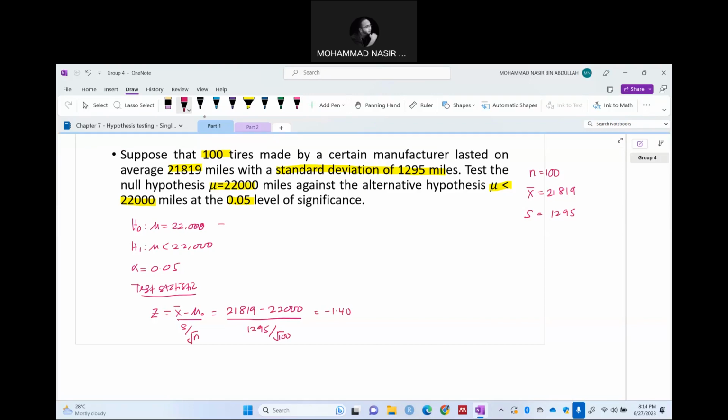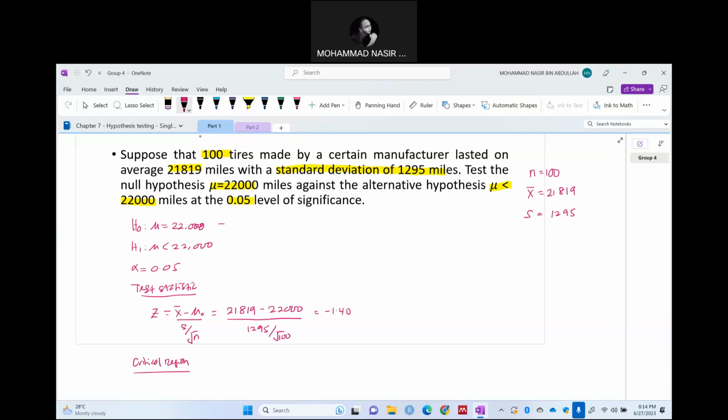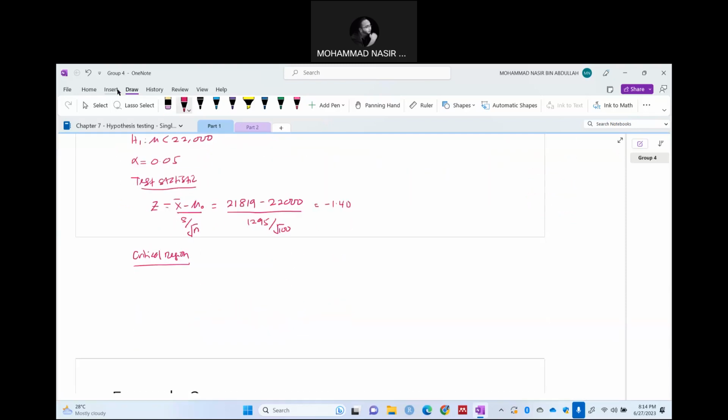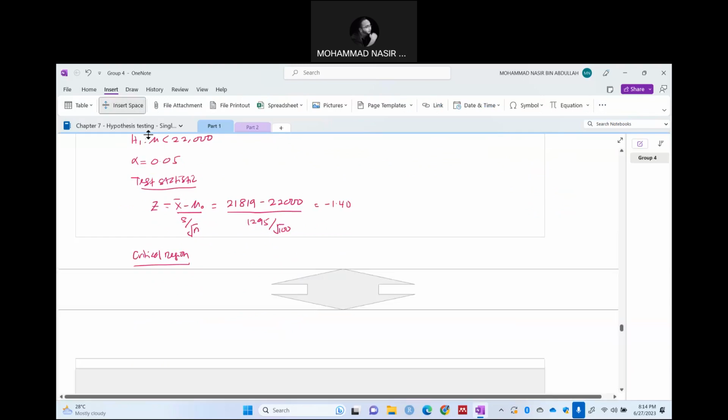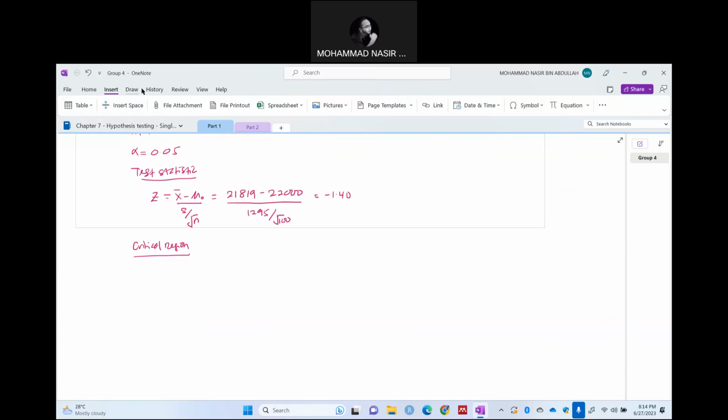Next, by using the critical value approach, the critical region. By looking at the alternative hypothesis, it should be skewed to the left. The rejection region should be on the left hand side because it's less than.